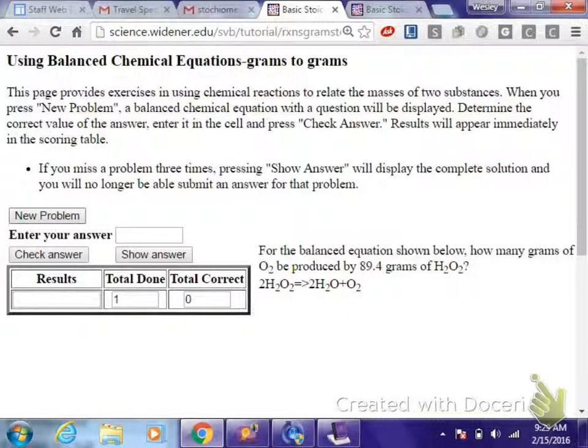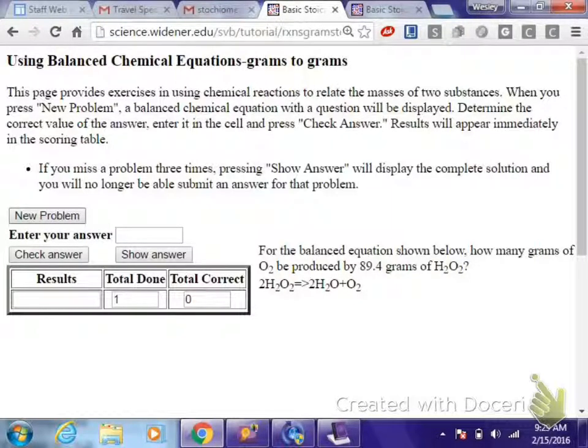This will be an easy one to do. This one says how many grams of oxygen are produced from 89.4 grams of H2O2. And it's giving you the balanced equation. So I'm going to have you go through. I'll come around. Okay, I expect everybody to work it out. If you don't know what you're doing, you can sure get my attention and I can help you. Everybody read that? Okay?